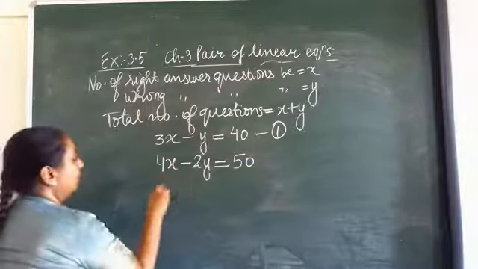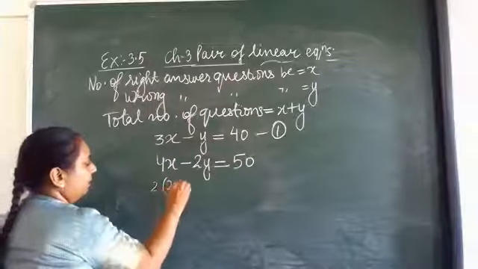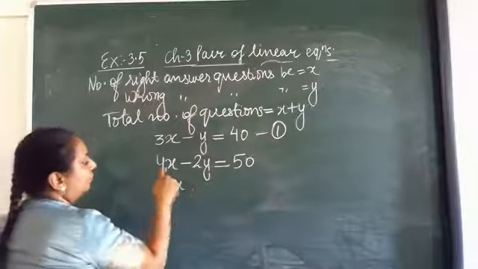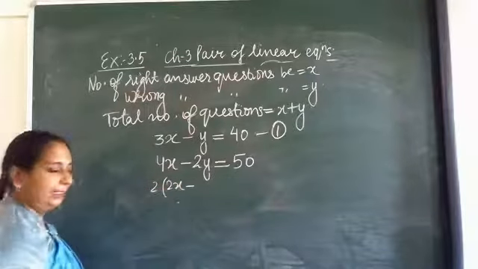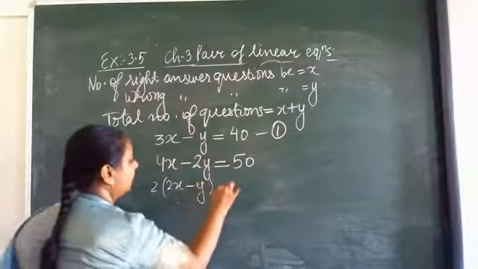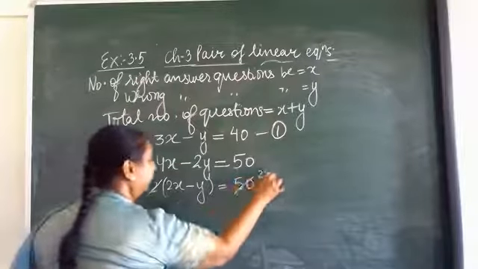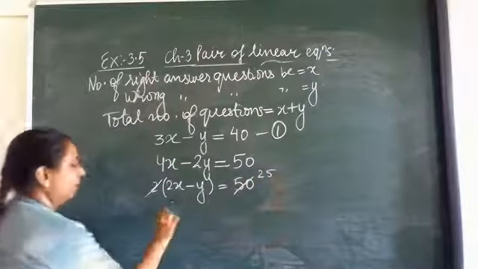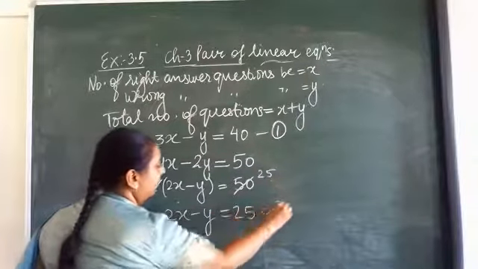Now see here, 2 is taken common, so 2 into (2x minus y) is equal to 50. Now 2 cancels with 50, and it becomes 25. So 2x minus y is equal to 25. This is your second equation.